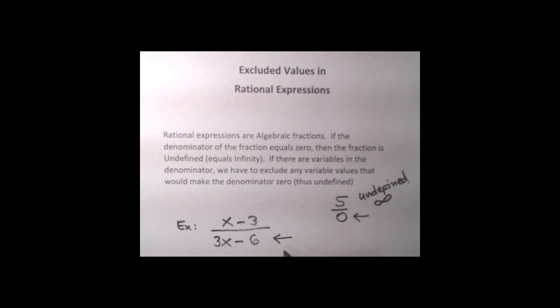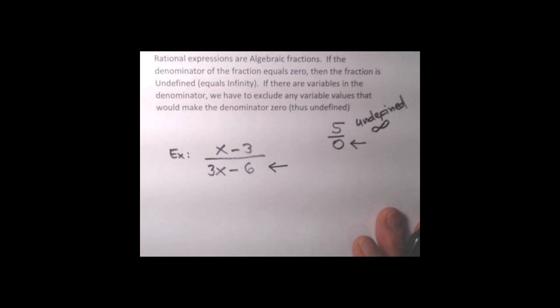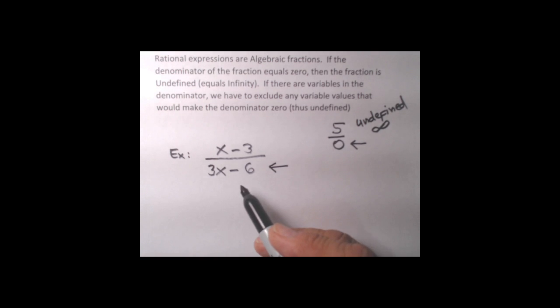But for the time being, we're just focusing right on the bottom. Let's show you what you do here. Since there's a variable down here, there'll be a variable value of x which will make this downstairs 0. And if this was in an equation, we could not allow that to be one of the answers.